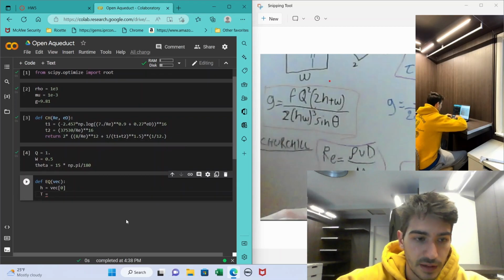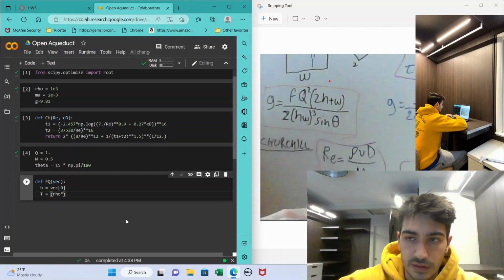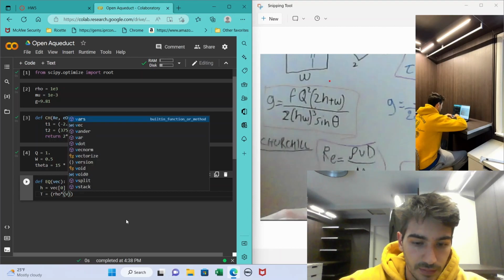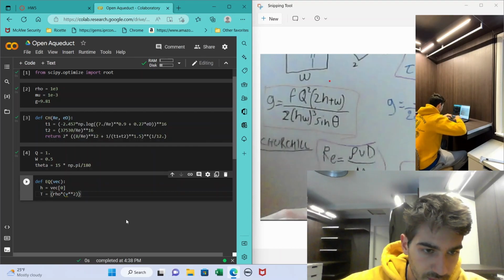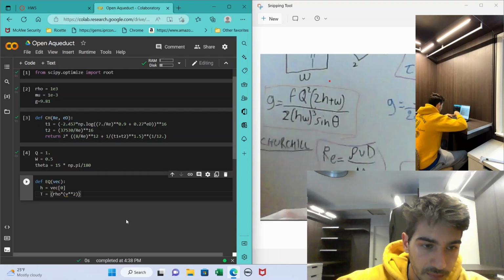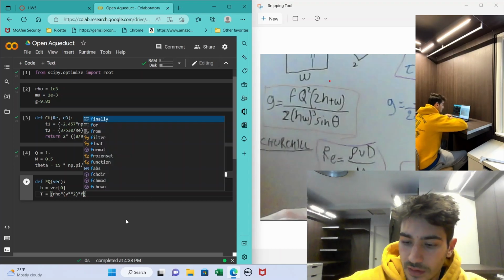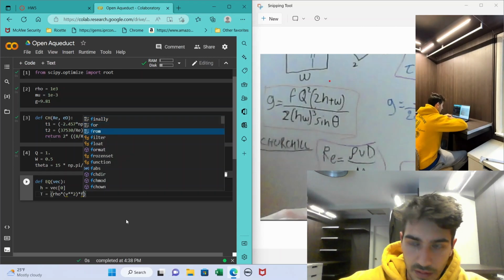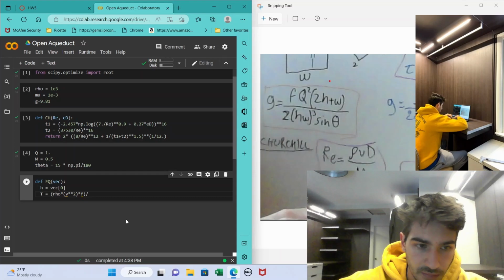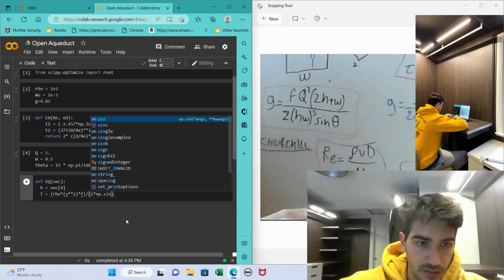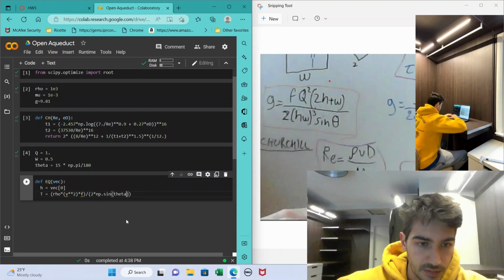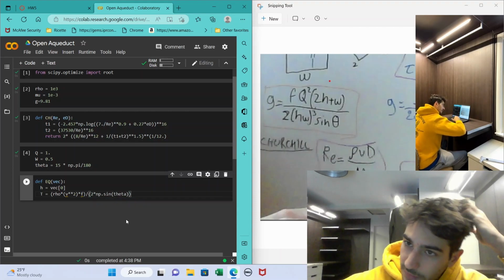It's rho times V squared by the Fanning friction factor F, and that is all divided by 2 times rho g sine of theta.